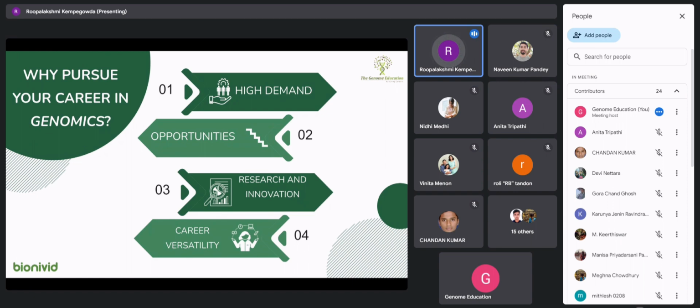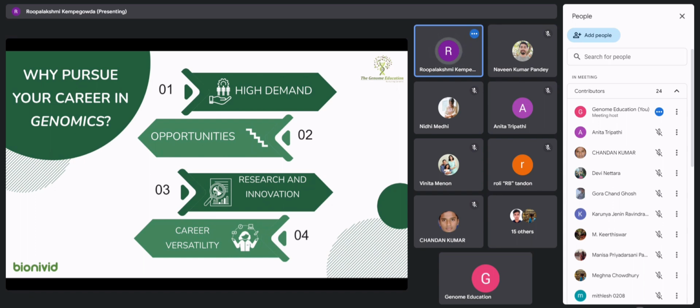And genomics is like an ocean when you think. Research and innovation, because there are a lot of innovations to be done. Through research and innovation, we come up with new methodologies, new techniques, new tools, where we can reduce the cost or turnaround time, and address different biological organisms, because the genetic material of all organisms is not the same.